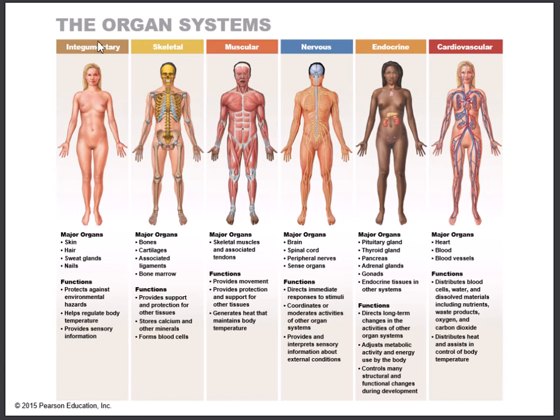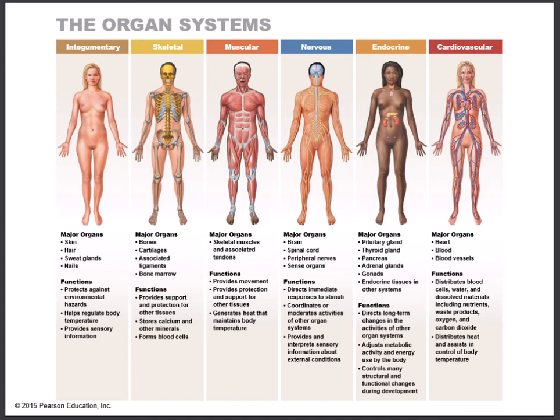The first system that we just want to review is known as the integumentary system. This consists mostly of our skin, right? Sometimes that's called the cutaneous membrane. All of the hair on our body, all of the glands that are in the skin, things like sweat glands, our oil glands, and it also includes our fingernails and our toenails, right?